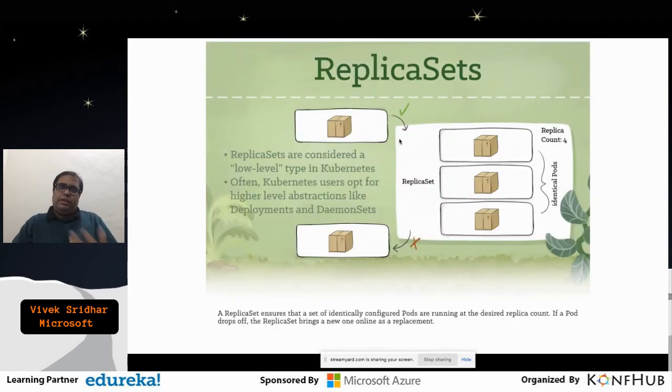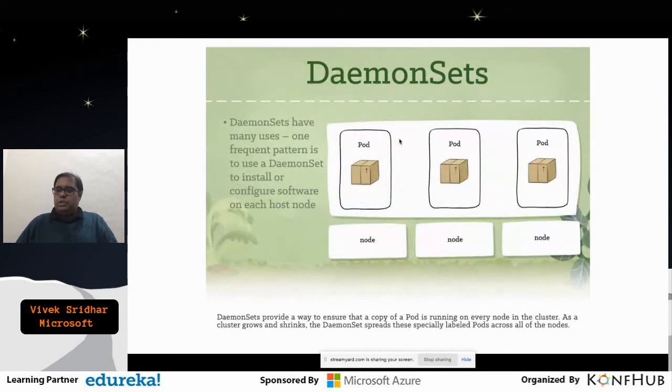The scheduler defines it. It can be that all of these pod replications are running on the same node, or on different nodes, or on only two nodes if you have 10 nodes. But a daemon set makes sure that at least one pod is running on each of these different nodes.